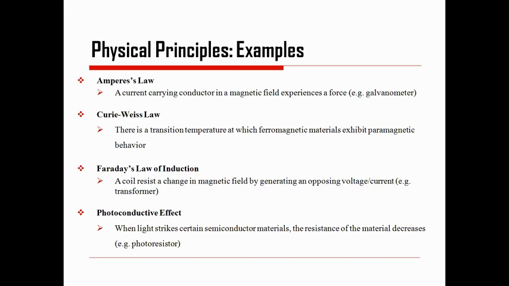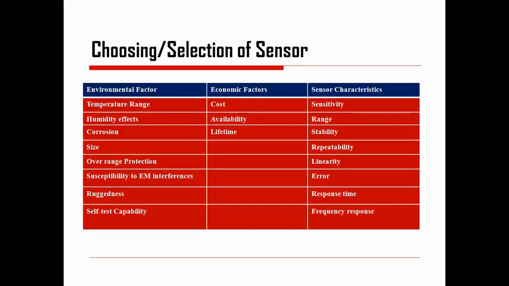Applying Ohm's law, V is equal to IR. So when the resistance increases, the voltage decreases, and when the resistance decreases, the voltage increases.